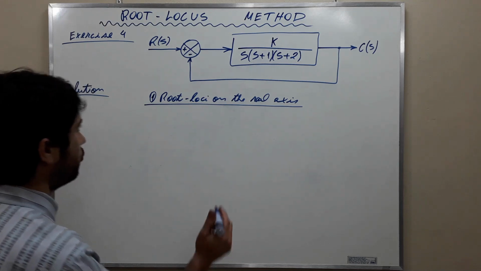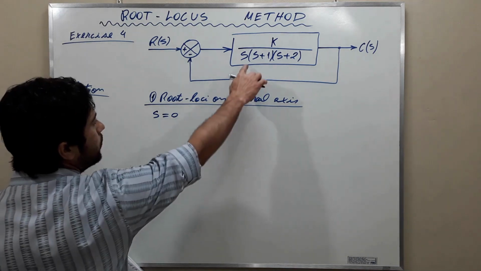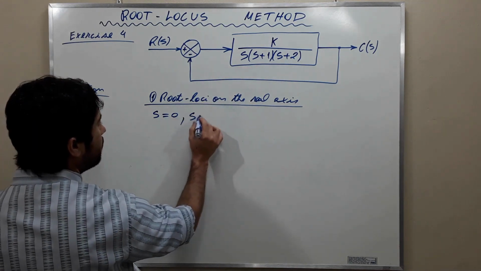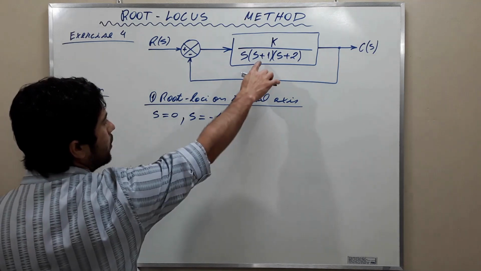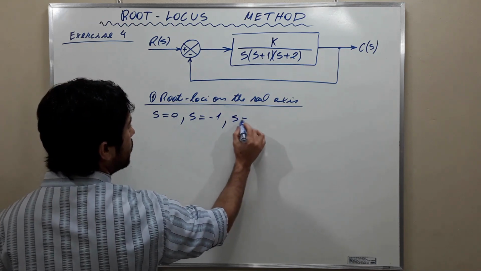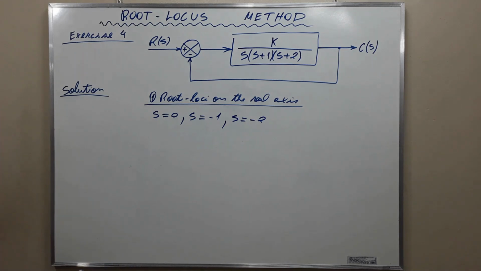We have 3 open loop poles here: s equal to 0, this open loop pole, s equal to -1, this open loop pole, and s equal to -2, this open loop pole. Next, we use a test point to determine the root loci on the real axis.